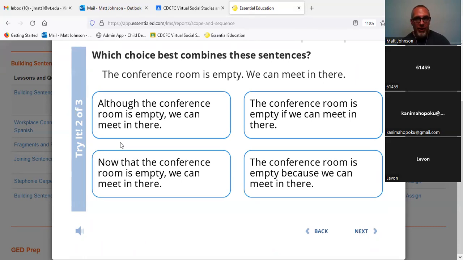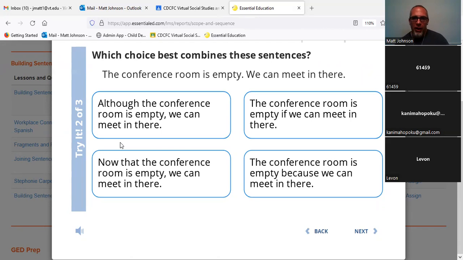That doesn't really make sense. That's grammatically correct, but it doesn't make sense in this context. It doesn't represent the relationship between the two sentences that well. The conference room is empty if we can meet in there. Also, that does not make sense. And then, if we can meet in there, the conference room is empty.